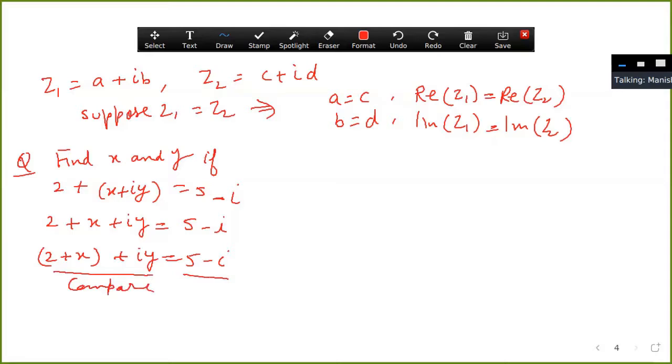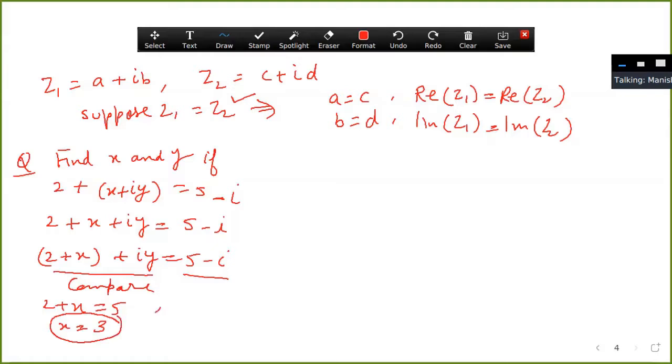If you compare, the real part will be equal to the real part. As I told you, if two complex numbers are equal, then their real parts are equal and their imaginary parts are equal. So 2 plus x is equal to 5, and from here you get x as 5 minus 2, that is 3. x will be equal to 3.